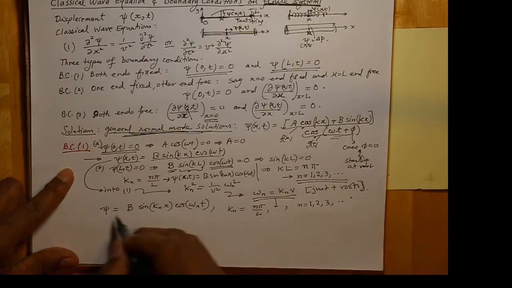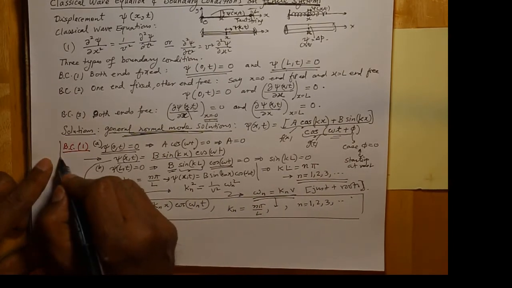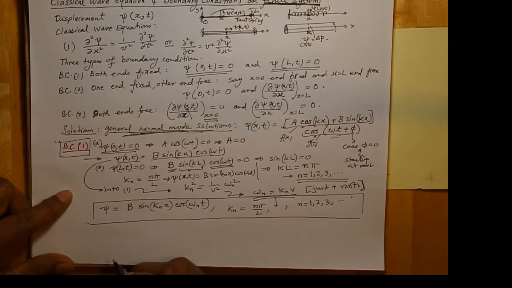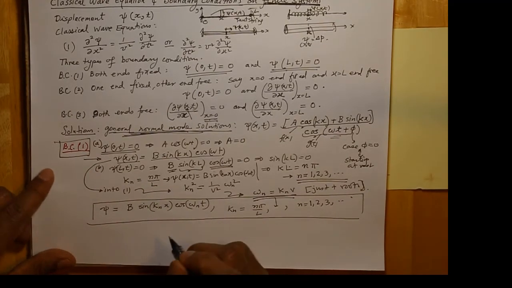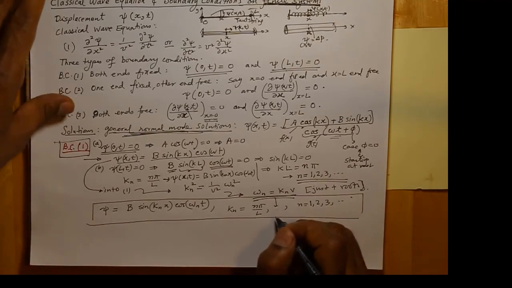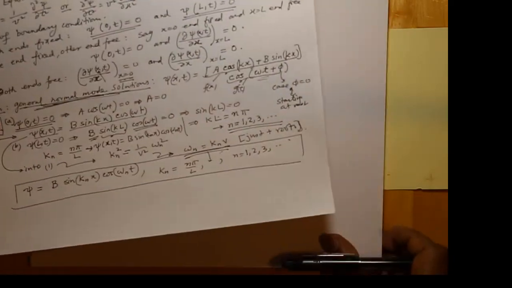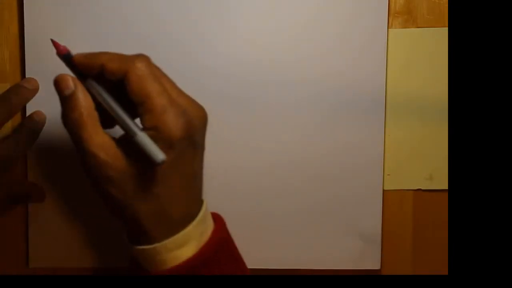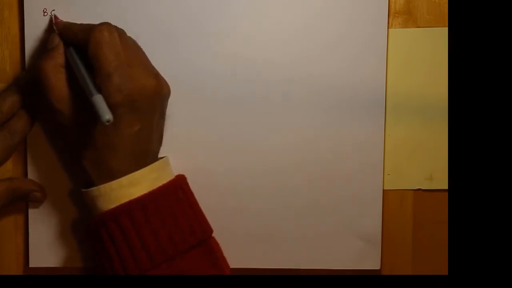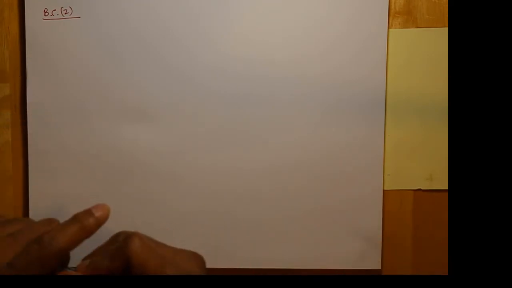So these are the whole bunch of solutions for boundary condition 1. You can proceed further, but let me go to boundary condition 2, for instance, or what the solution will be in boundary condition 2. And that's all we're going to do, and I'll leave boundary condition 3 for you to practice, okay?